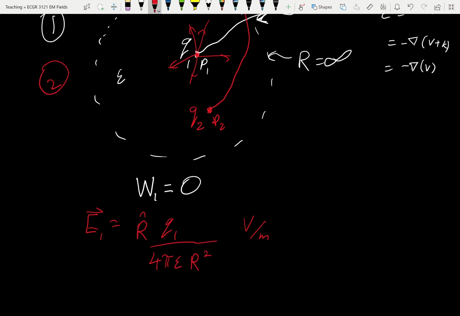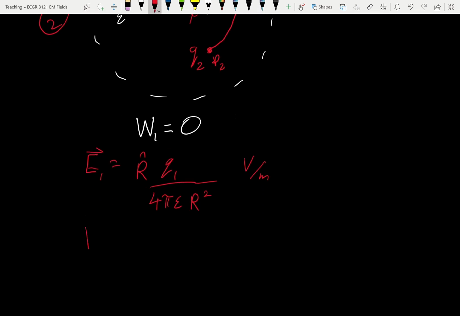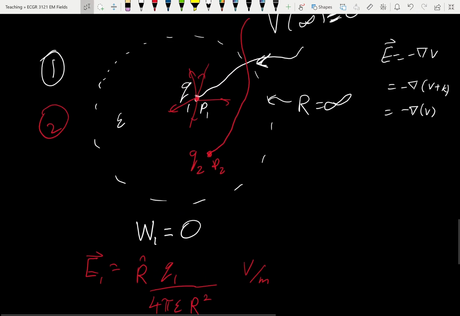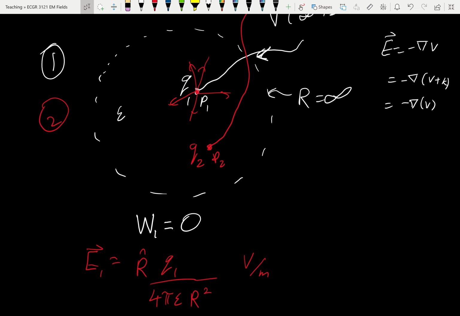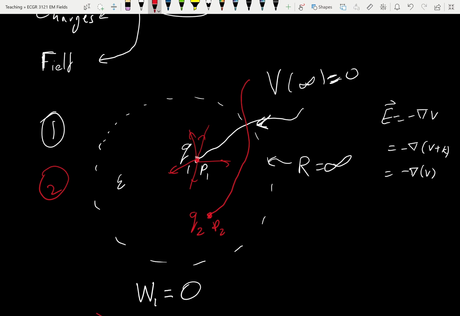We can also derive the voltage. The voltage is easier, so let's use the voltage. We said that the energy can be represented by the voltage, the difference in the voltage from infinity to P2.